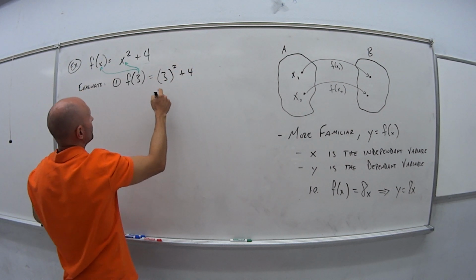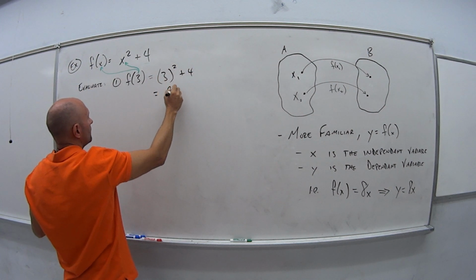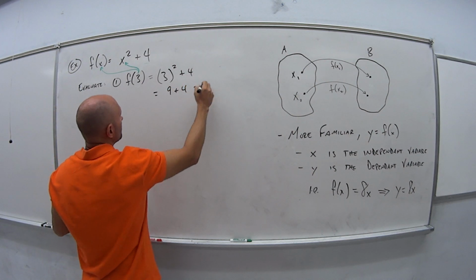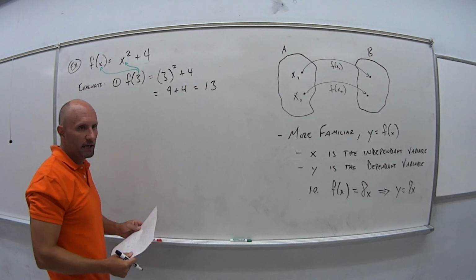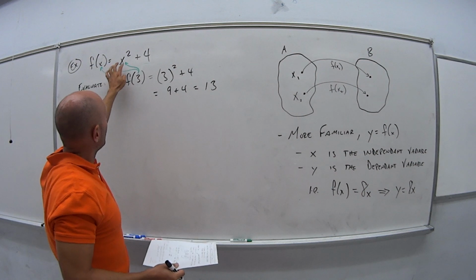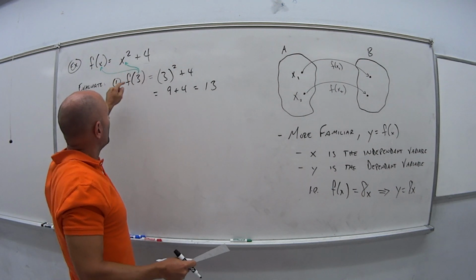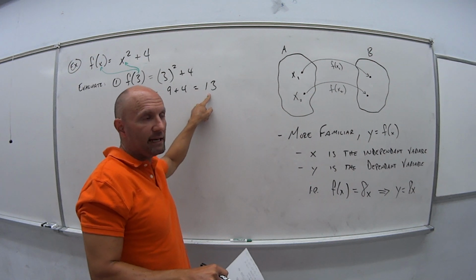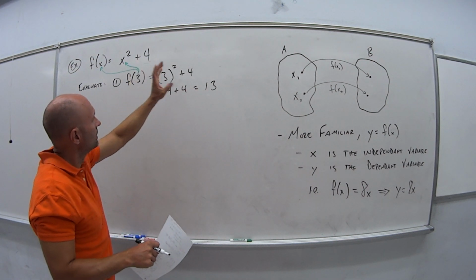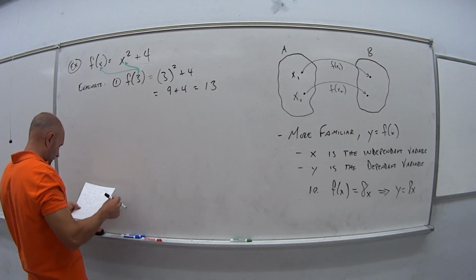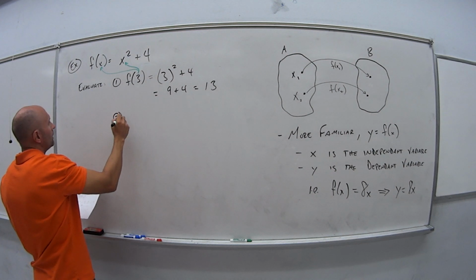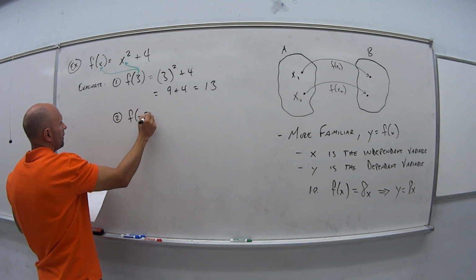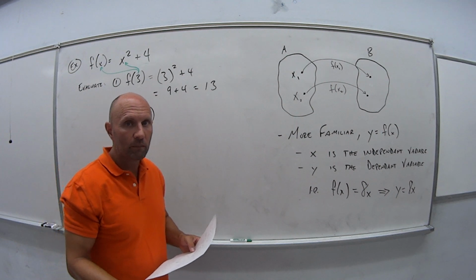So that's what? 3 squared is 9. 9 plus 4 is 13. So if f of x is x squared plus 4, f of 3 is equal to the value 13. I plug it into the equation, that's what it kicks out as my value. What if I have f of negative 2?